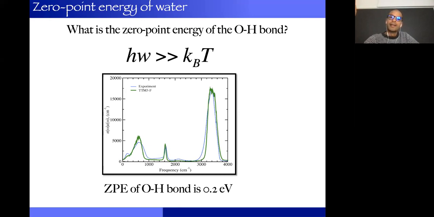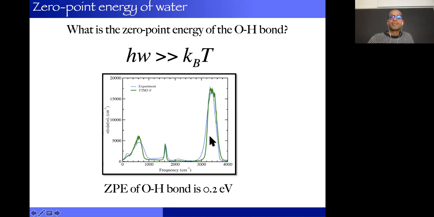And omega are frequencies. So I have a system that has a spectrum of different frequencies, high frequency modes, low frequency modes, and h bar omega is dictated by the high frequency modes.